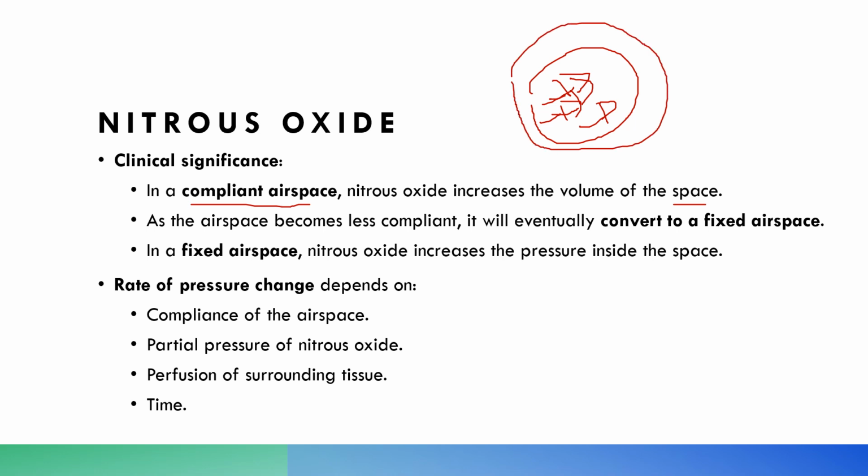As the airspace becomes less compliant, it eventually converts to a fixed airspace. This is what we want to avoid in our lungs, right? When we convert the lungs from a compliant airspace to a fixed airspace, we end up with a pneumo.